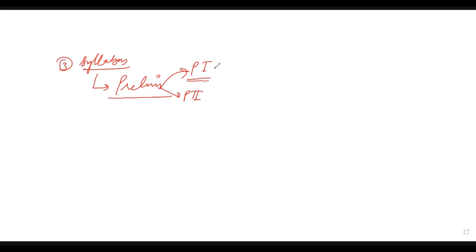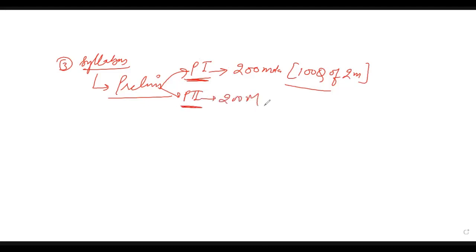Paper 1 is used for merit purposes, 200 marks, 100 questions of 2 marks each, so total 200 marks. There is negative marking as well in both the papers. Paper 2 is also of 200 marks, out of which you need to get 33%, that is 66.67 marks.